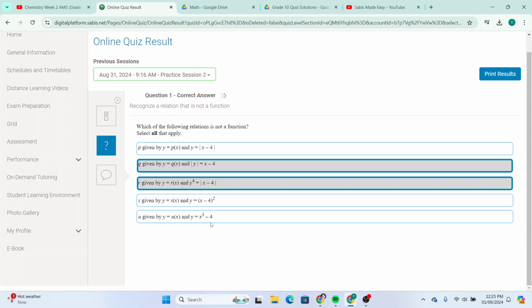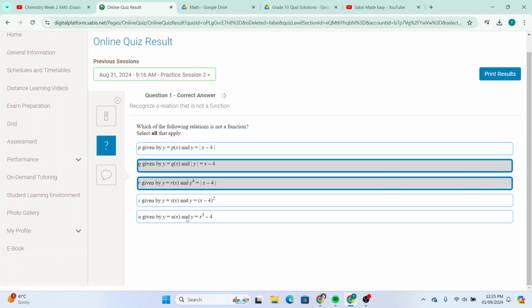Basically, the general rule is if there is something on the y side of the equation that would make it have two values, like an absolute value or an even exponent, then it would generate two y values. So here it doesn't have anything to do with the exponents or the absolute values on the y side, making this a function.